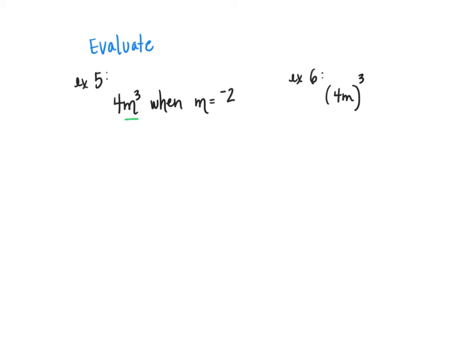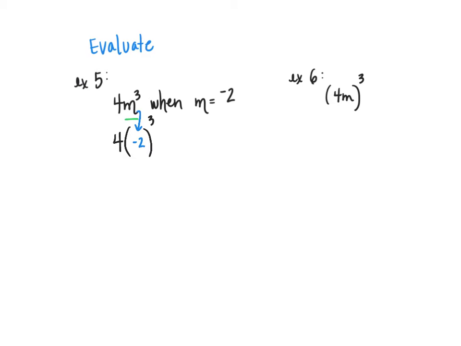Now, this is typically what I like your steps to look like. So anytime you're substituting for a variable, before you even plug something in, I like you to put those parentheses because it reminds you that whatever m is, all of m, I need to take to the third power. So in this case, my m is -2. I need to take all of -2 to the third power.